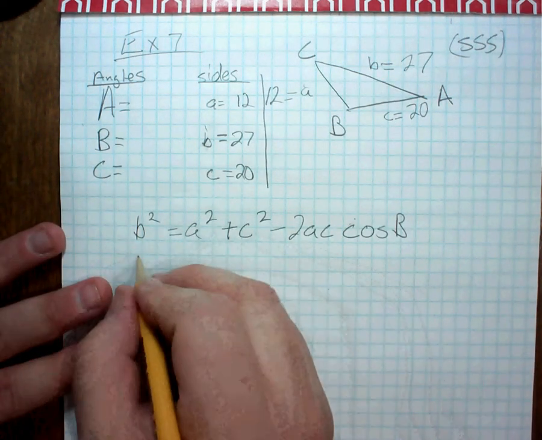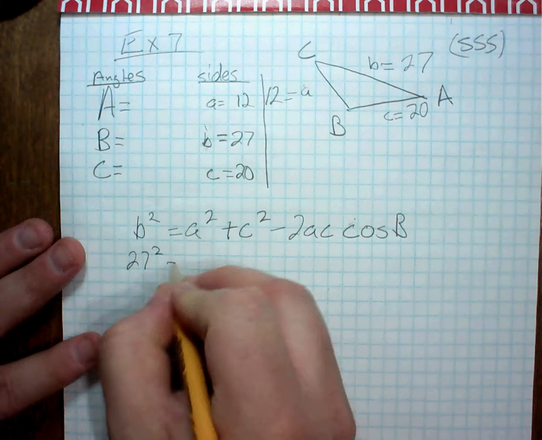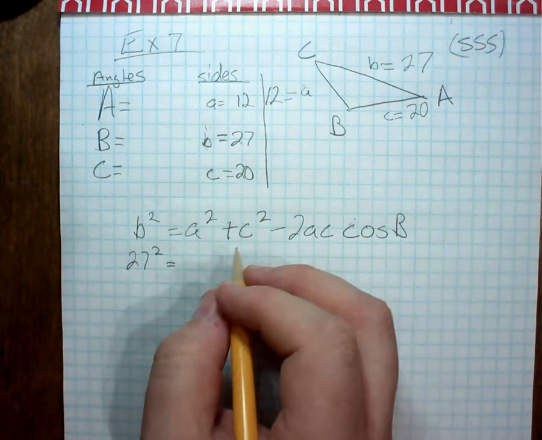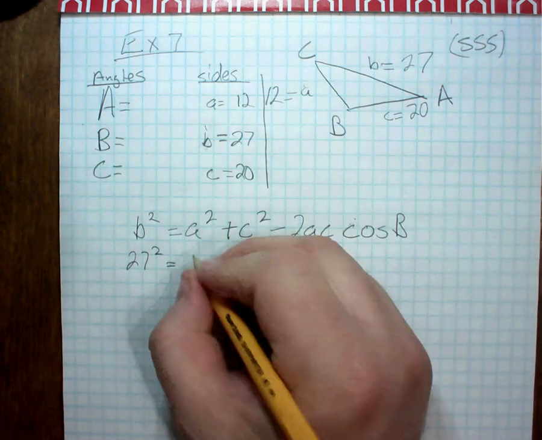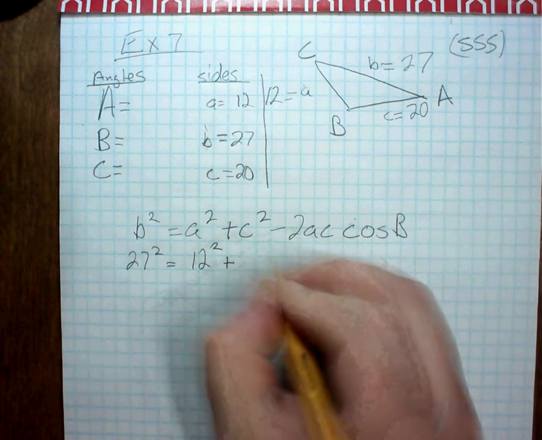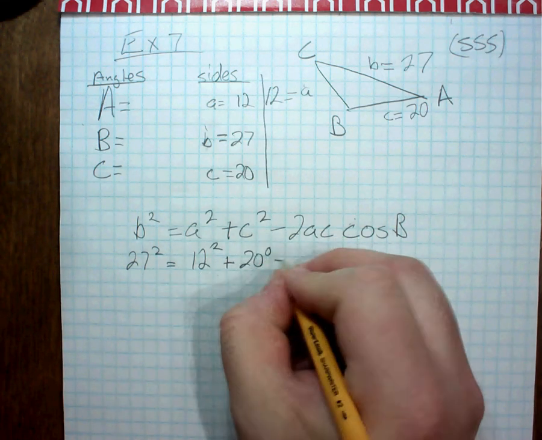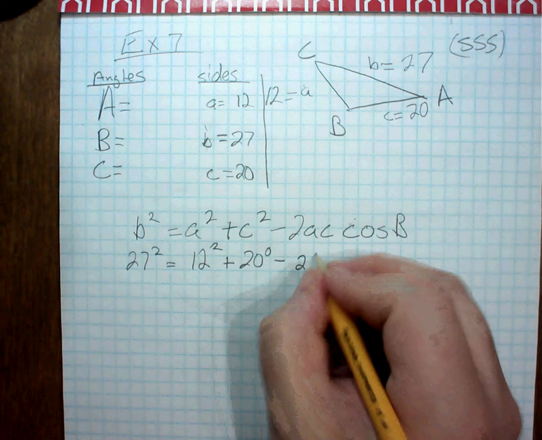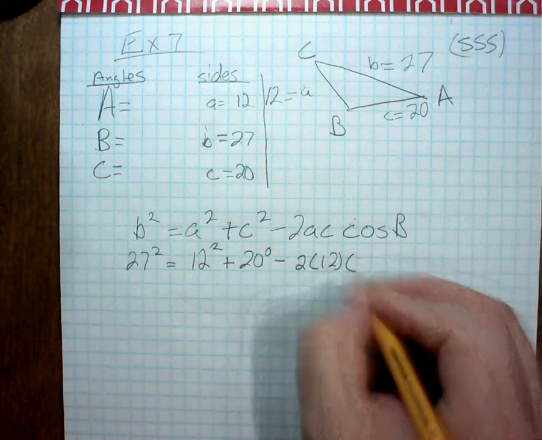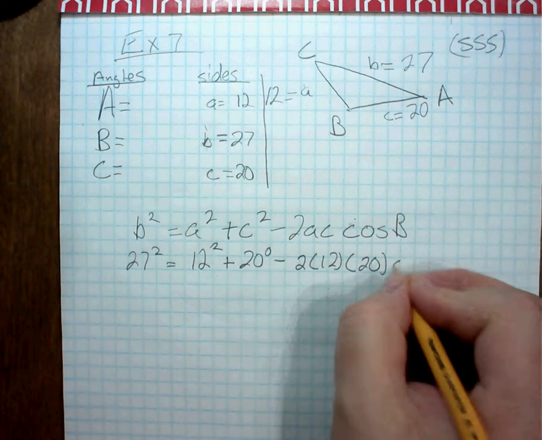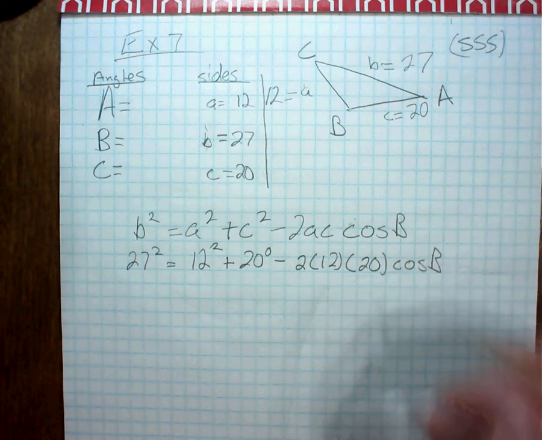And so B squared, 27 squared, is equal to 12 squared plus 20 squared minus 2 times 12 times 20 cosine of capital B. We don't know what capital B is.